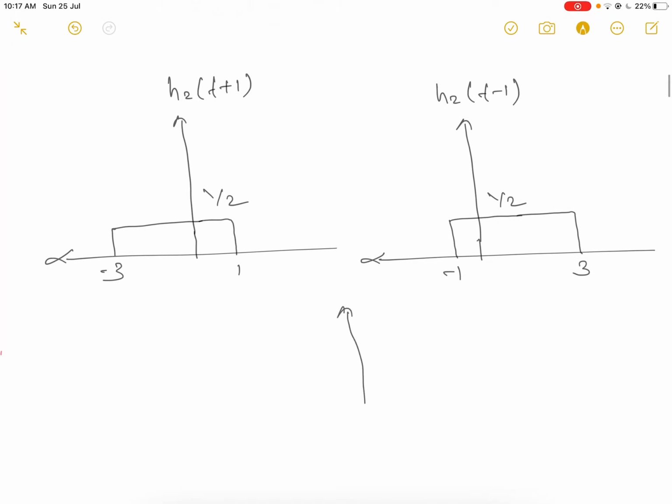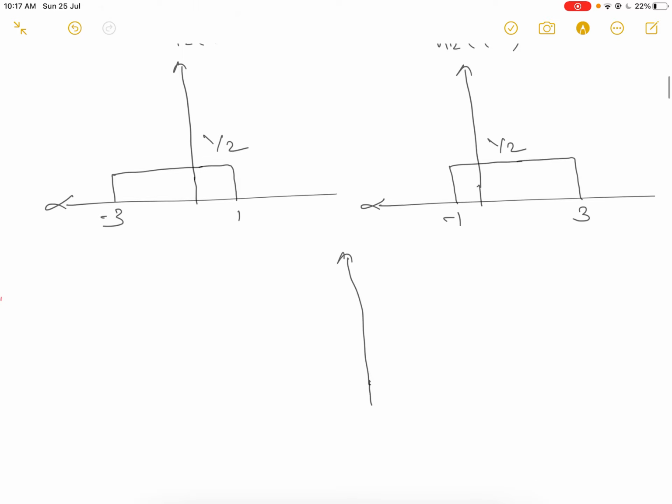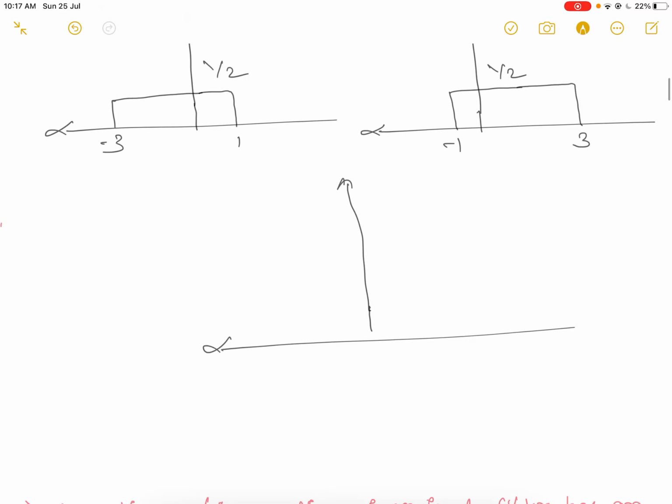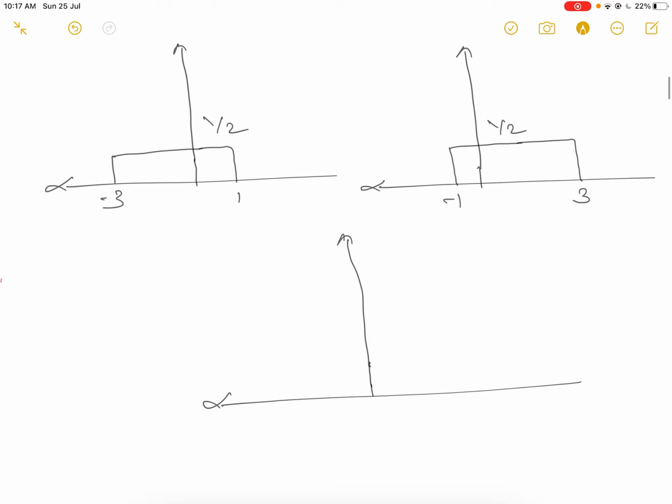After addition, check it. Our signal starts from -3. At -3, the magnitude is half, and it goes up to -1. After that, half and half add and it becomes 1.